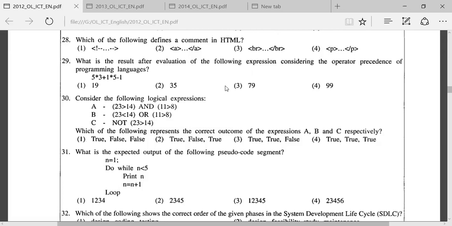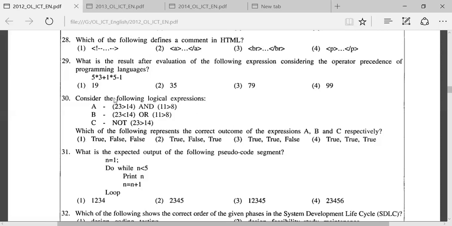What is the result after evaluation of the following expression? Consider the operator precedence of programming languages.